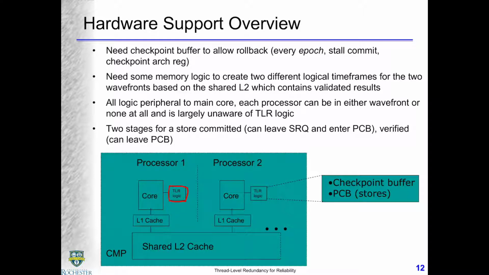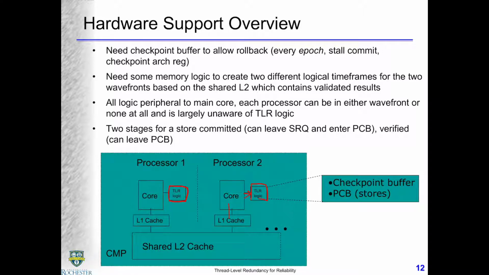So that's all you need. This is your stuff. And while you're executing, the processor really isn't aware of your logic. It just executes. It goes to L1, it reads, writes completely normally. But every now and then, you may have to be stopped, again, only at the commit stage, to engage in some logic that copies stuff.